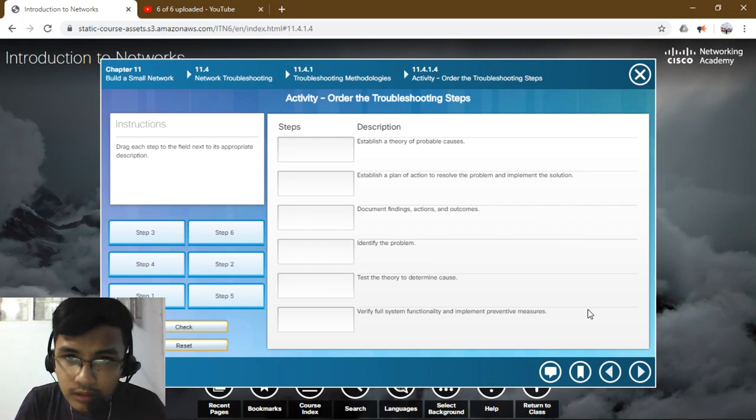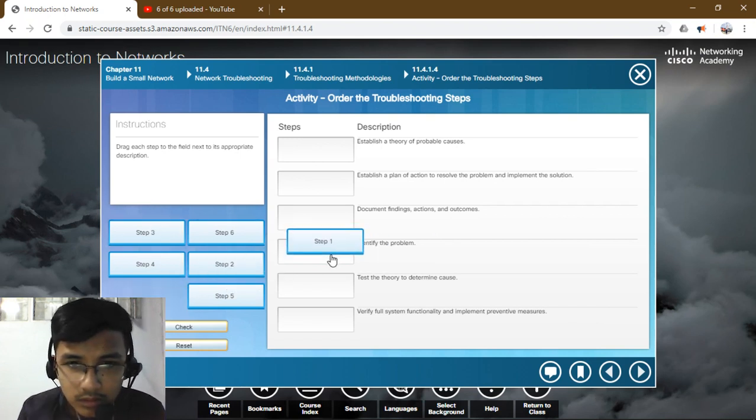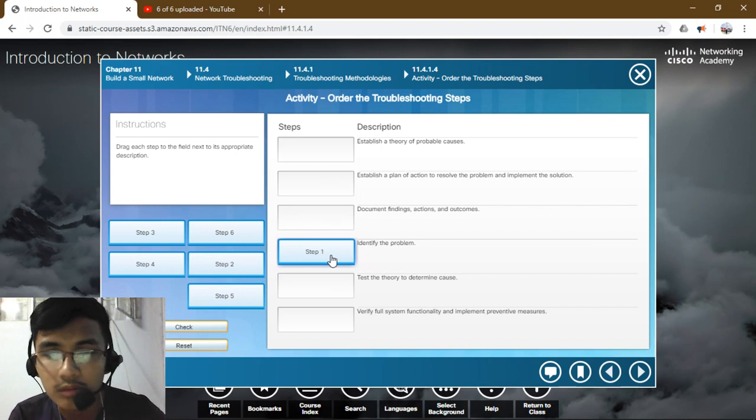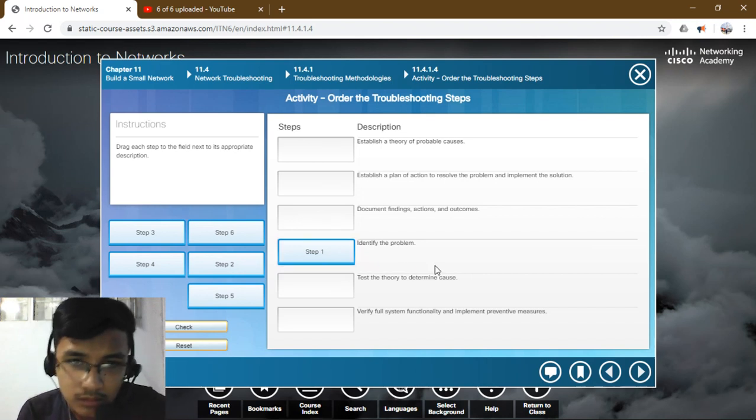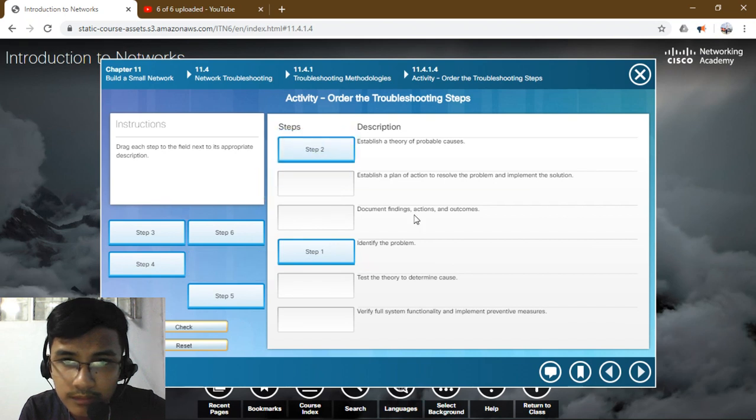So here we need to order the troubleshooting steps. Step 1 is we need to identify the problem, of course. So this is step 1. Next, we need to establish theories.